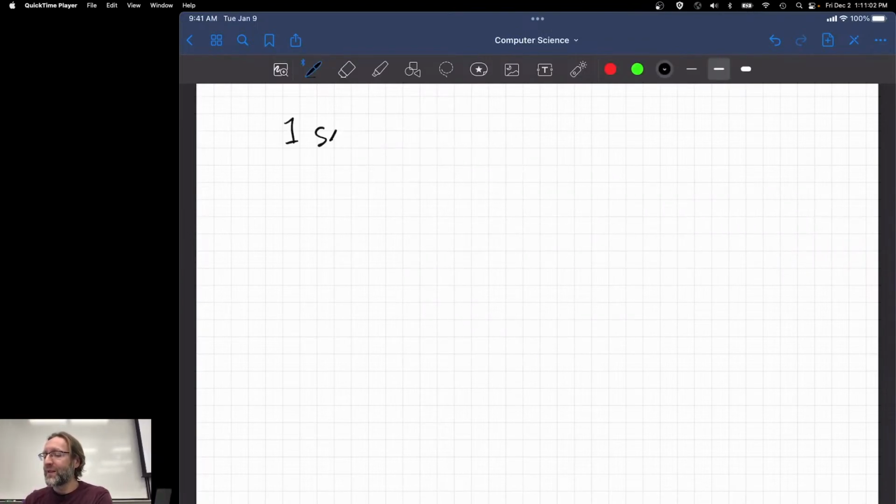We call this, what do we call this usually? One SAT, a for loop, right? In other words, for all xi, right? And what are you doing with this? Why is this a for loop?